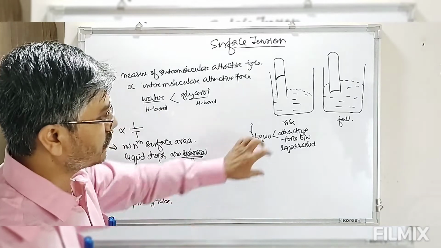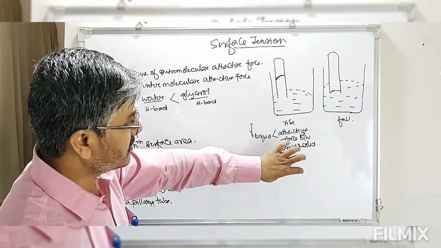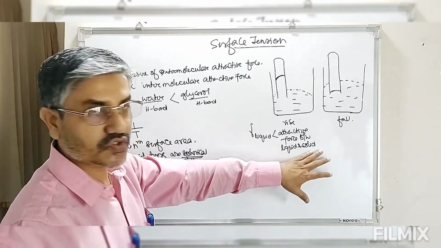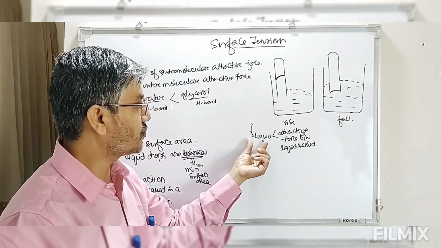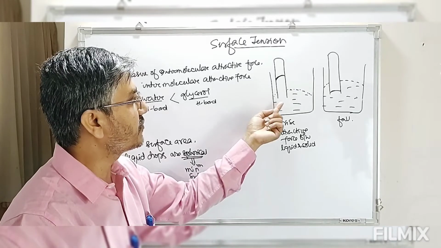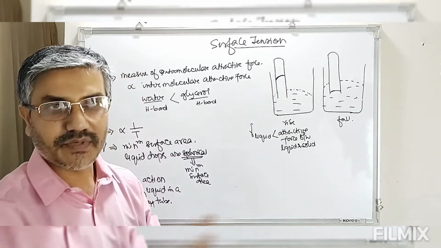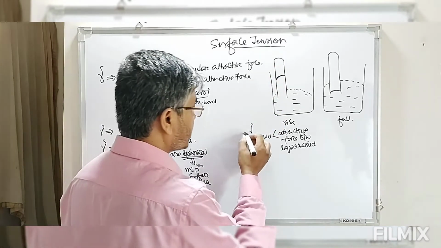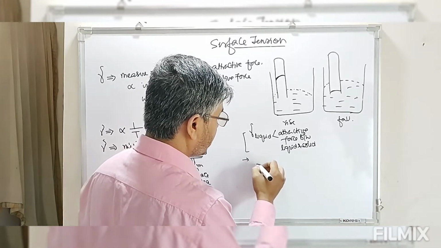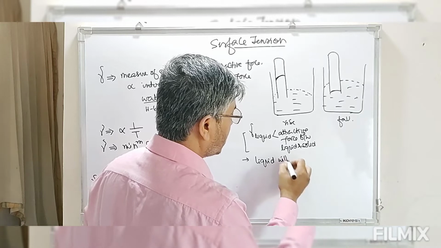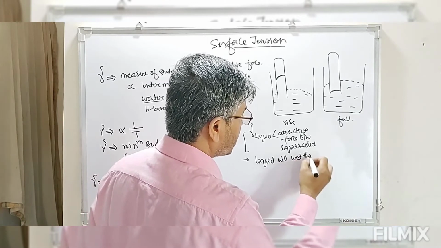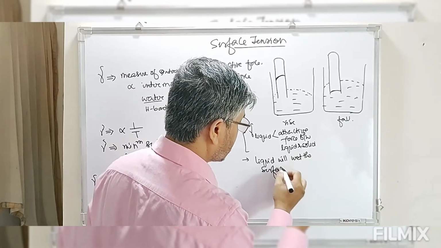If the attractive force between the liquid and the solid, which we call adhesive force, is greater than the surface tension of the liquid, then the liquid will rise in the capillary tube, and if this is the case, then the liquid will wet the surface.